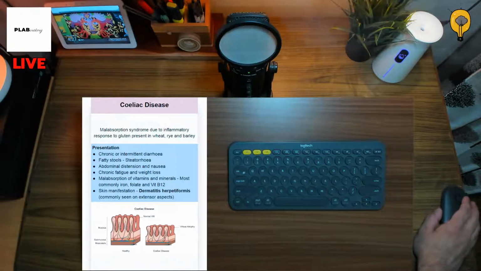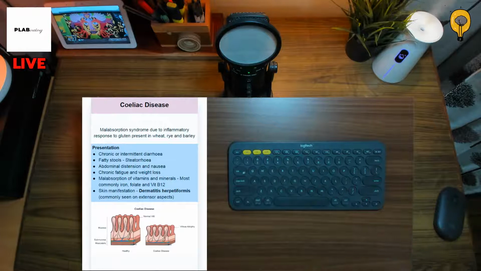So it is a malabsorption syndrome due to inflammatory response to gluten present in wheat, rye, and barley, leading to villus atrophy and malabsorption.